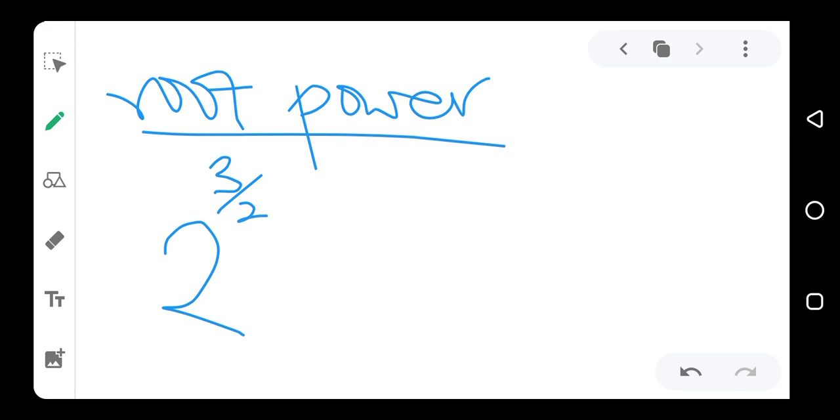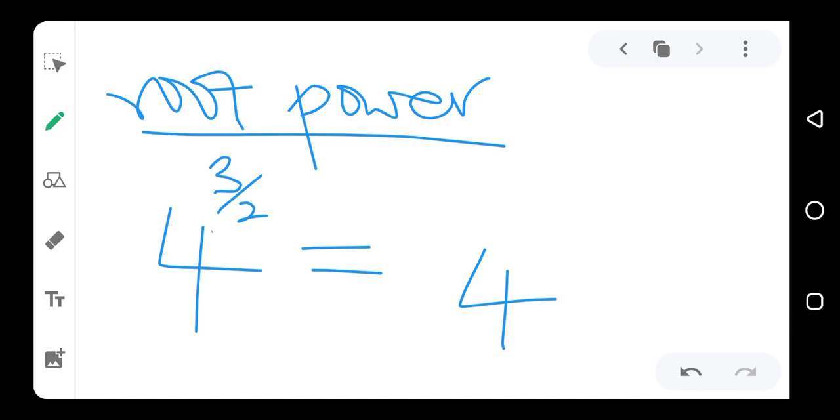Or let's say that we have 4 raised to power 3 over 2. What this is going to be is, we write the 4, then we raise it to power of the numerator. This one on top is called numerator, and this one down is called denominator. We raise it to power the numerator, so 4 raised to power 3.